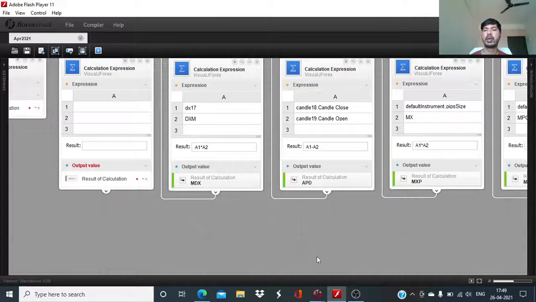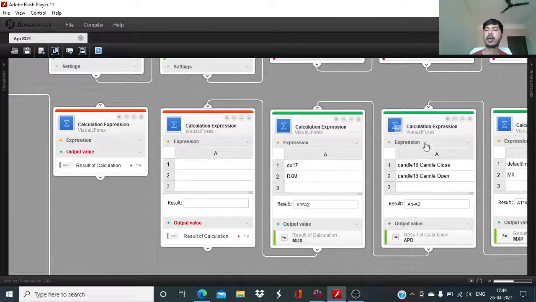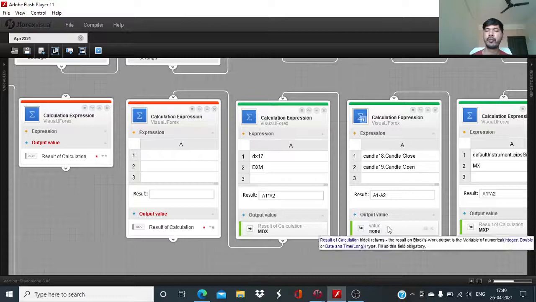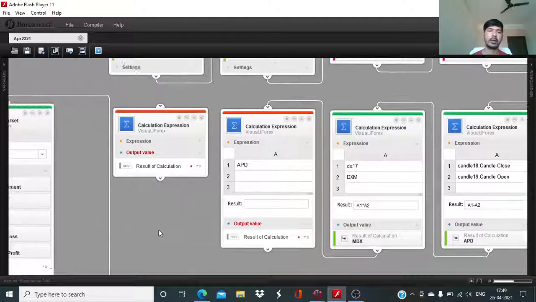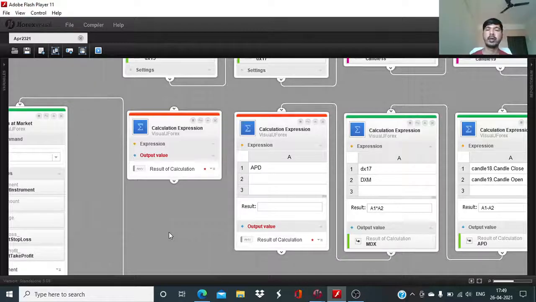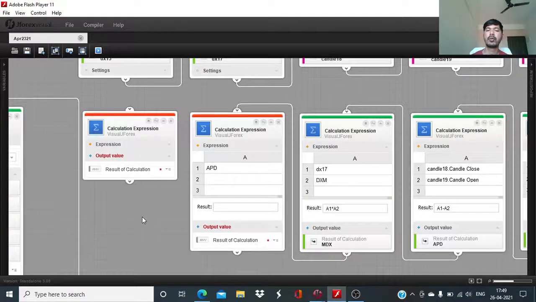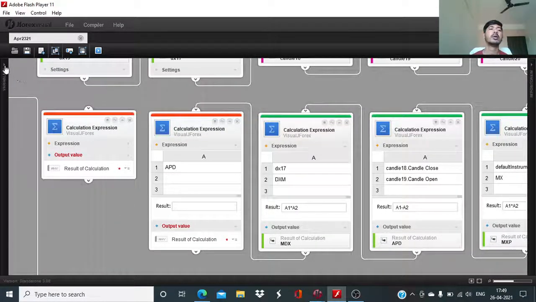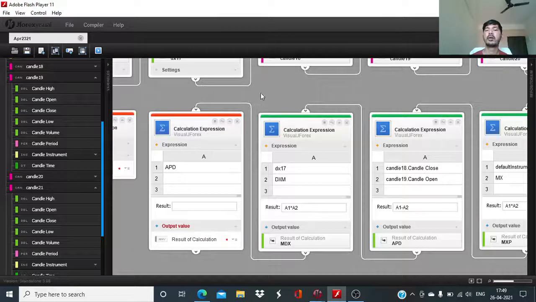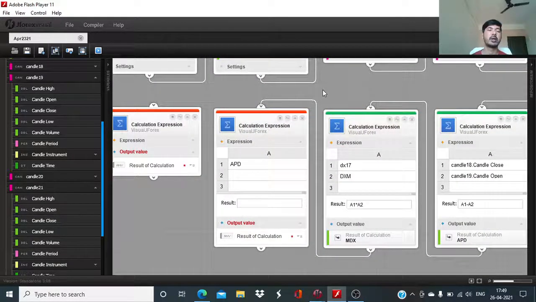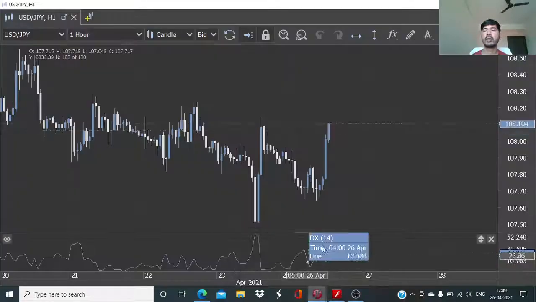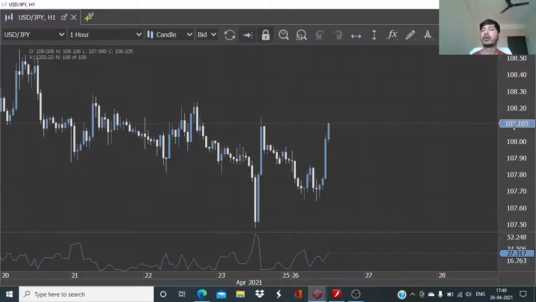All we need to do is look at this actual price difference and multiply it with the 10 raised to the power 4 to change this value from decimal points to the integers, and that value will be our stop loss. And since we are working with the USD JPY, it should be 10 raised to the power 2, as we have 2 decimal points in the value of each pip for USD JPY. In case of Euro USD, it should be 10 raised to the power 4.